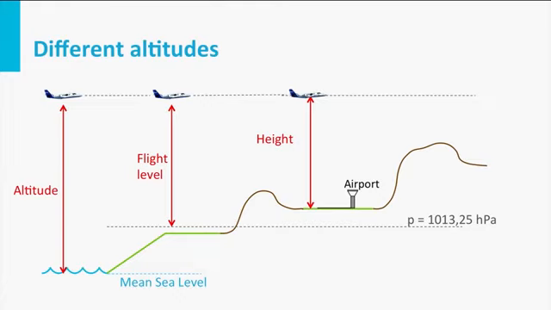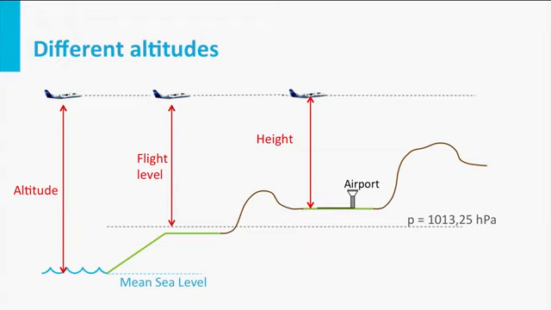Well, here we've indicated the way to deal with this. We see that the word altitude in aeronautics always refers to the sea level. So the weather of that day, the pressure at sea level of that day, influences the value for altitude.